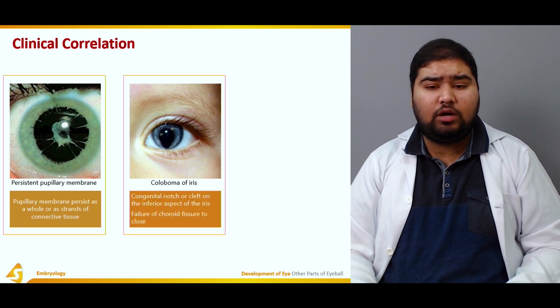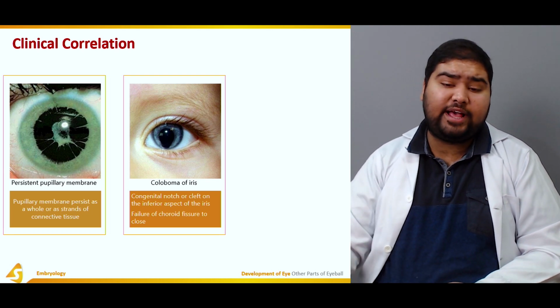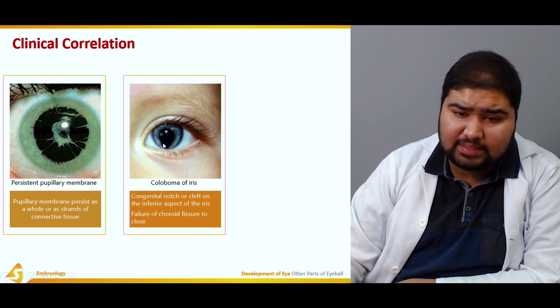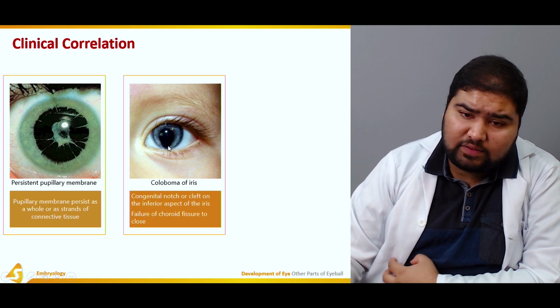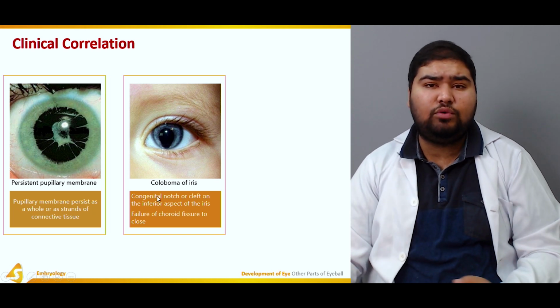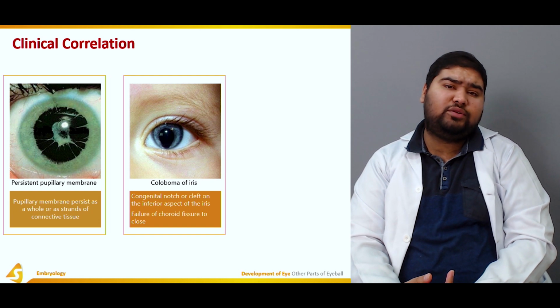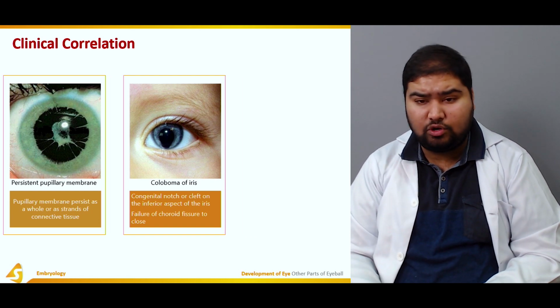What is coloboma of iris? The congenital notch or cleft on the inferior aspect of iris. Here you can see there is notching of the inferior aspect. It is failure of the choroidal fissure to close. So the choroidal fissure that closes usually in the 7th week of intrauterine life fails to close.